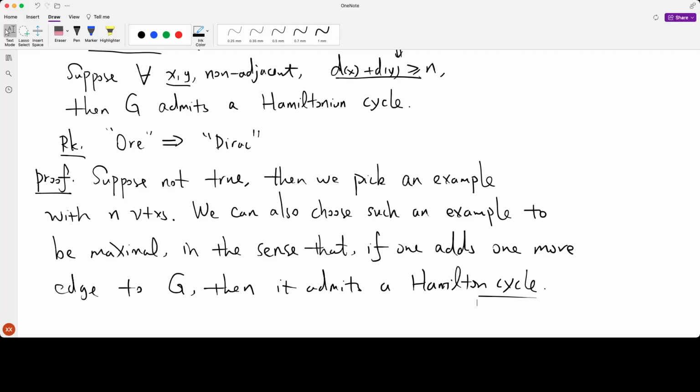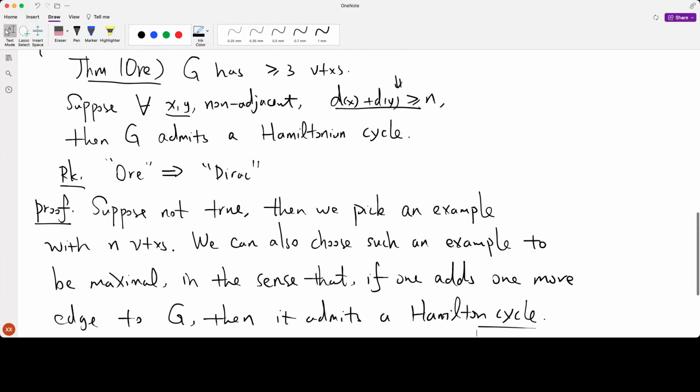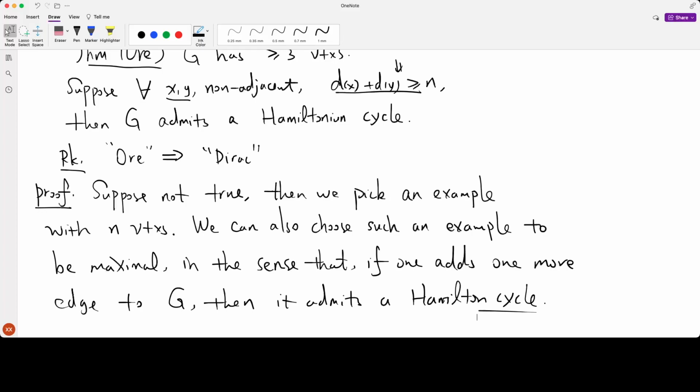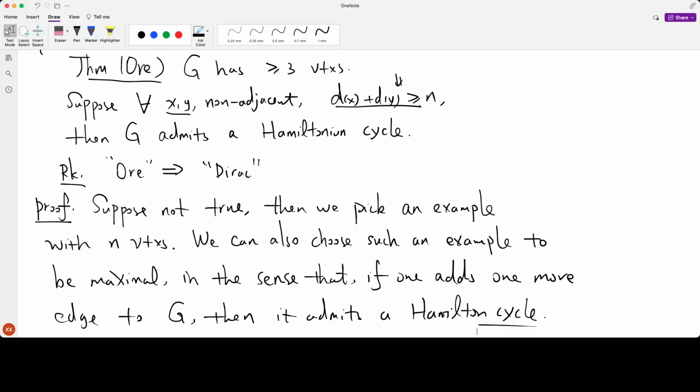So if you keep adding edges, at some point you have nowhere to put the edge. Then we can choose the example, since we suppose in general this is not true, so we can choose the example that is maximal in this sense. So it has a maximum number of edges. Locally you cannot add another edge such that the graph also satisfies all the conditions and does not admit a Hamiltonian cycle.